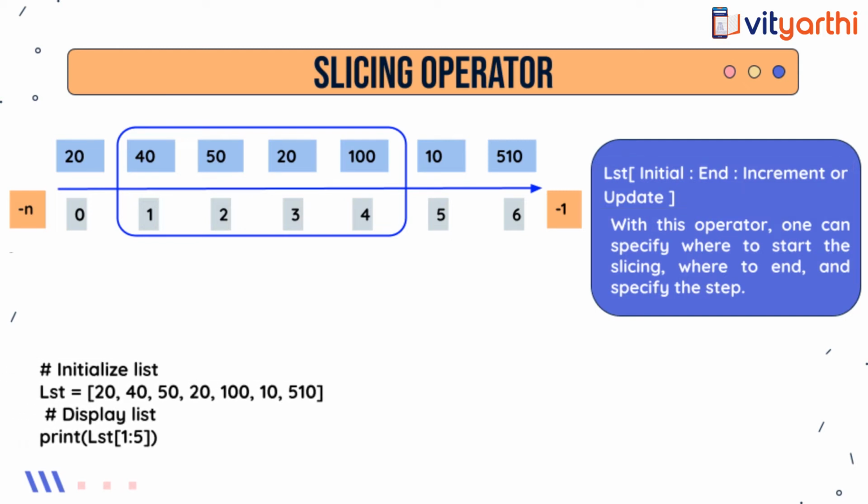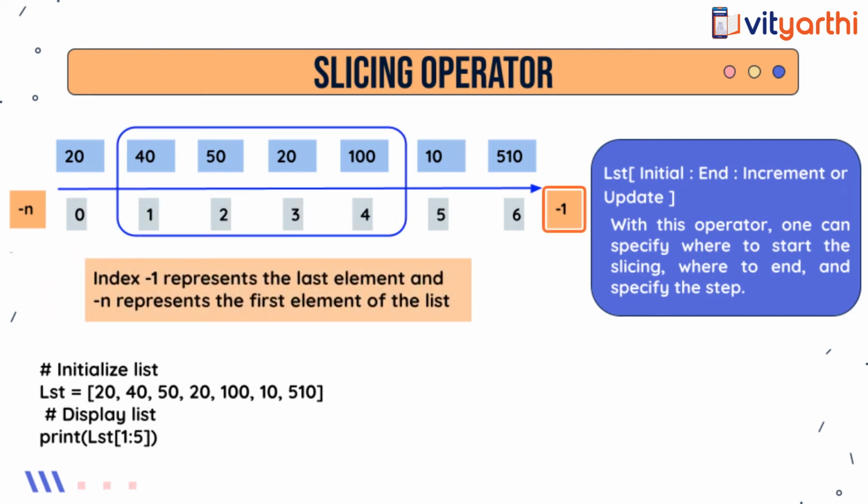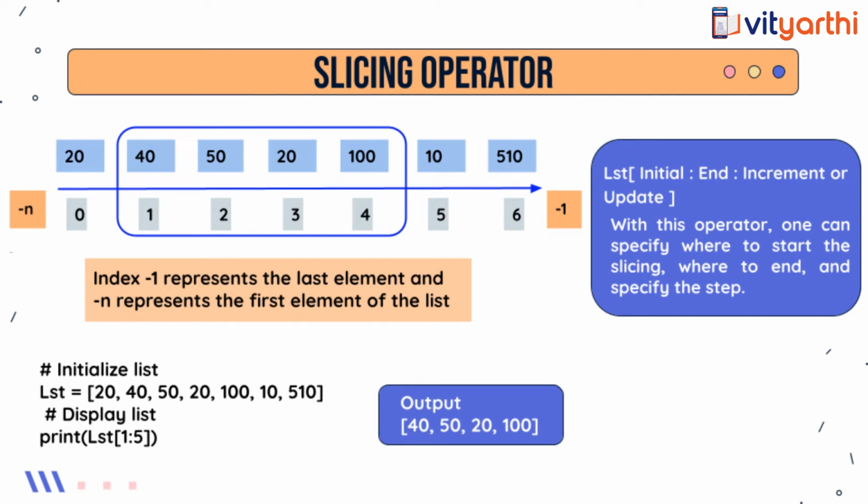In this example, initialize list = [20, 40, 50, 20, 100, 10, 510]. Display list. print(list[1:5]). Index -1 represents the last element and -n represents the first element of the list. Output: 40, 50, 20 and 100.